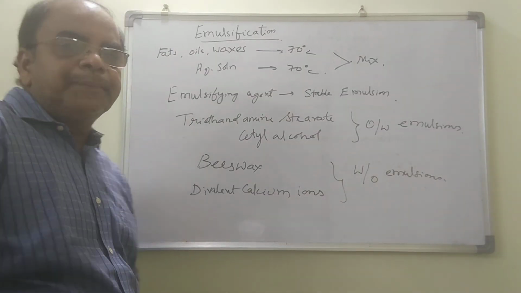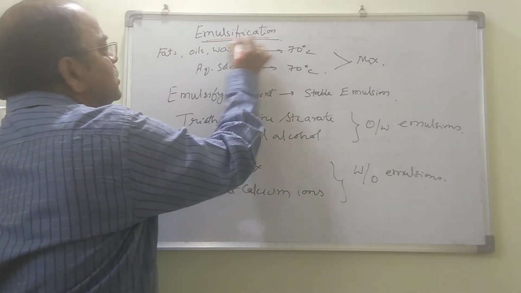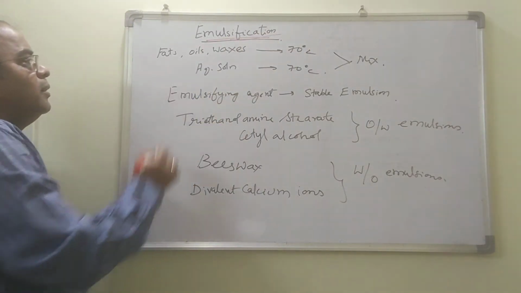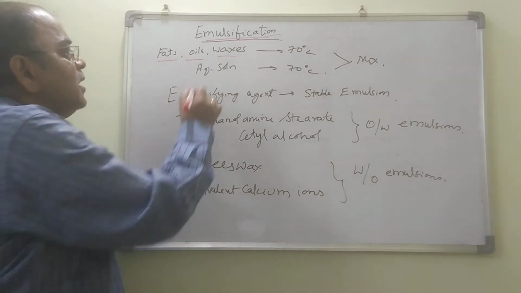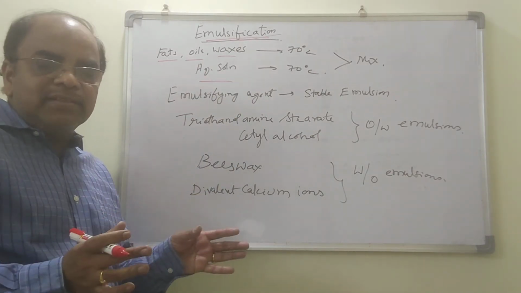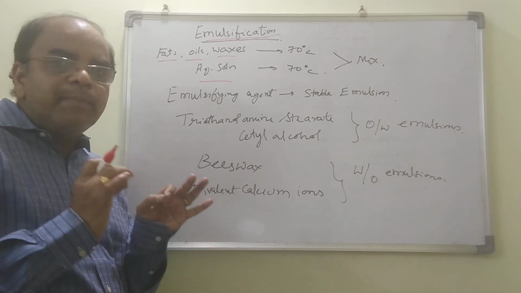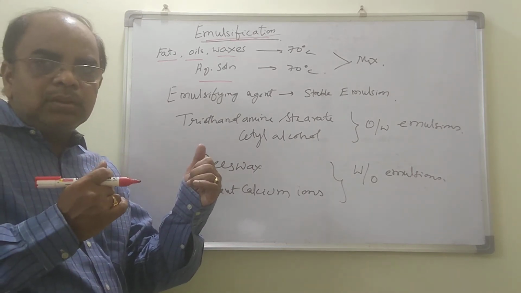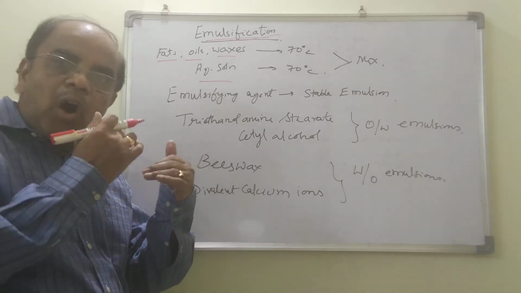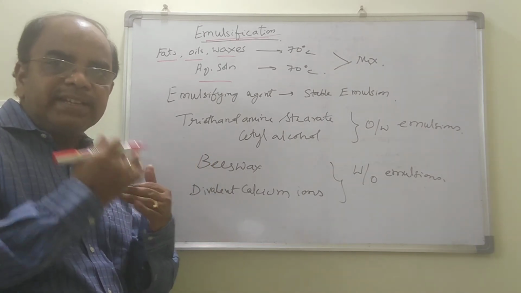Emulsification technique. Emulsification, the fourth method of course. Fats, oils and waxes and aqueous solution like this, you divide. You take the ointment's formula, divide into two, aqueous ingredients and oil soluble ingredients separately, right?